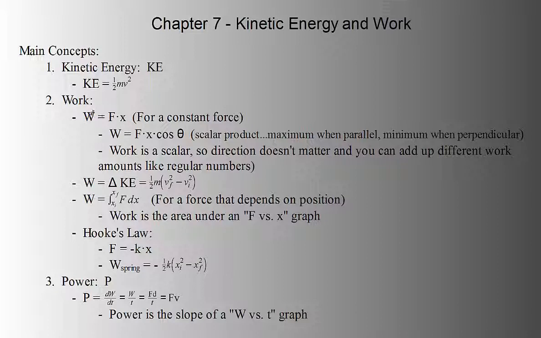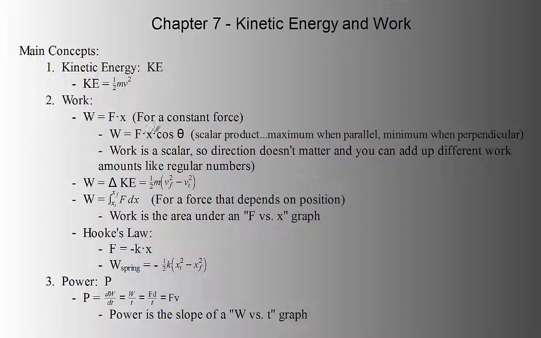If the force is constant, work takes this form. And in particular, if the force and the displacement that an object undergoes because of that force are not parallel or perpendicular, then the work is diminished by the cosine of the angle between them.